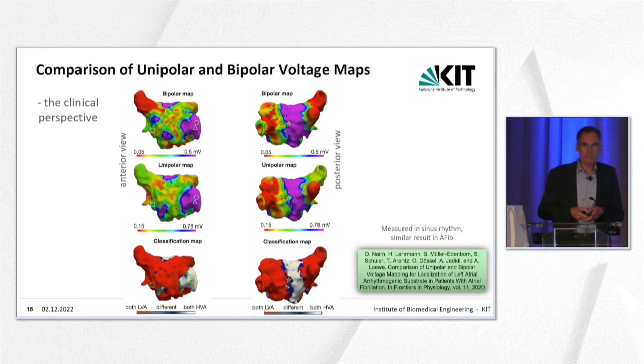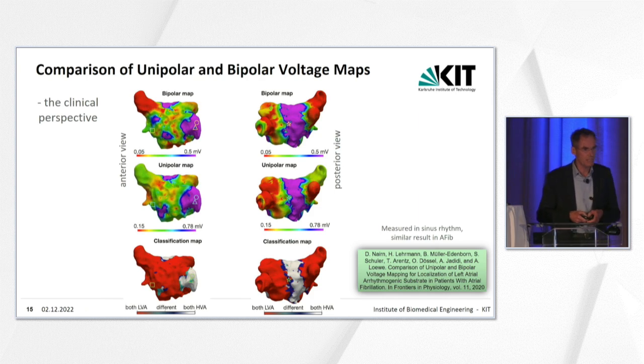Now we have learned that maybe unipolar signals are the better choice. I admit fully, I fully agree, if you want to make activation time images, then it's the better choice. If you want to make voltage maps to decide where are low voltage areas, I refer to this study that has been published already 2 years ago from our group with many patients.